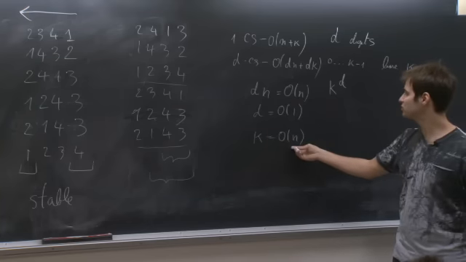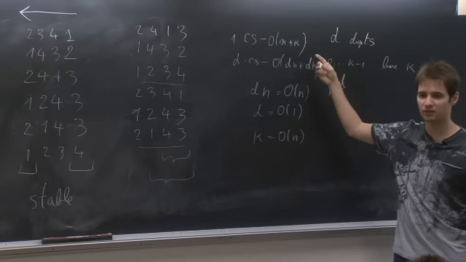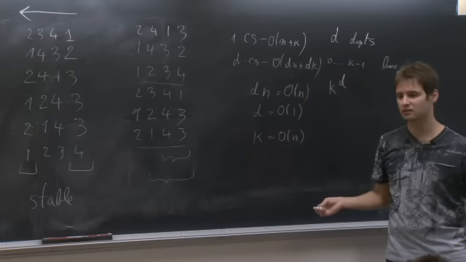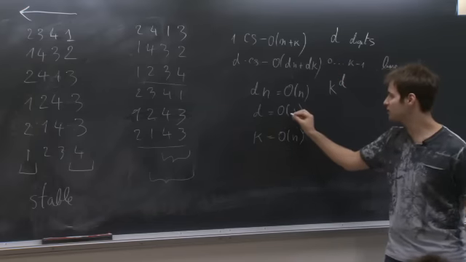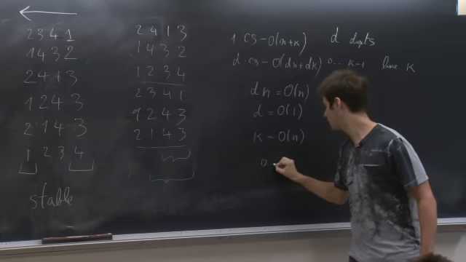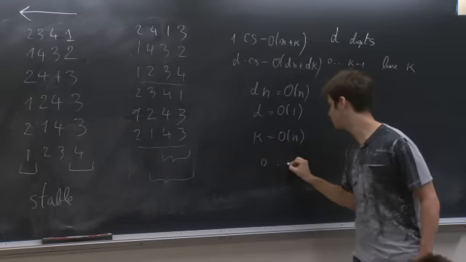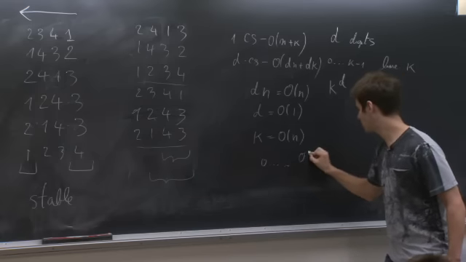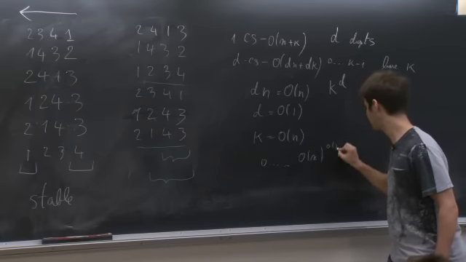I know that k should be order n because I have no interest in making it lower than that. So these two bounds together tell me that the keys that I can sort are from 0 up to order n of order 1.